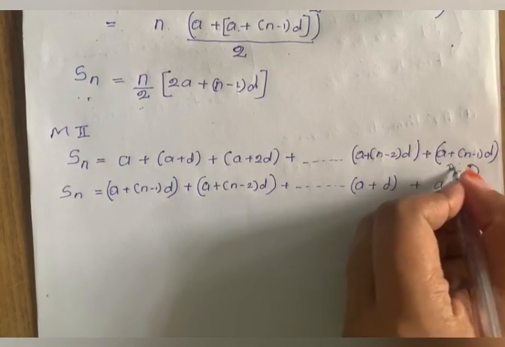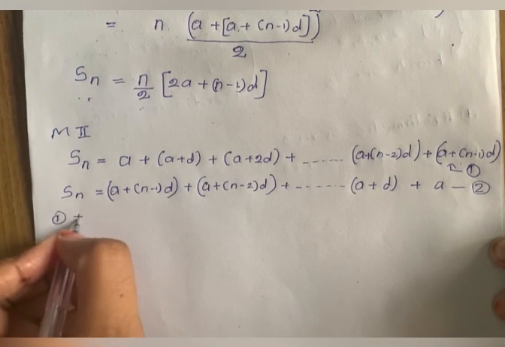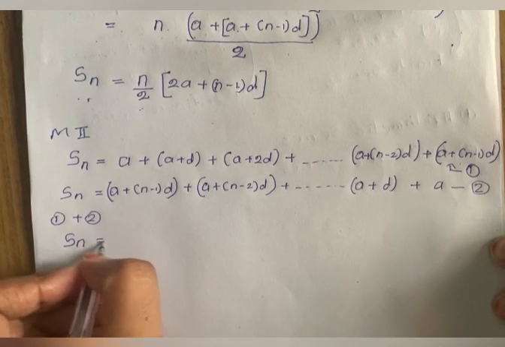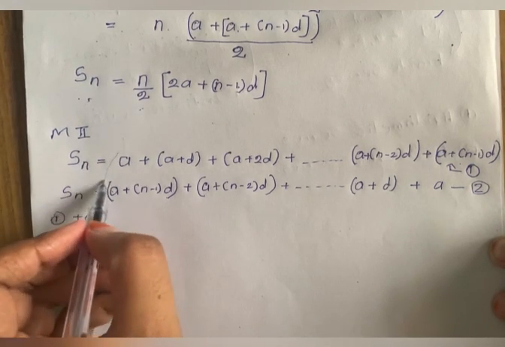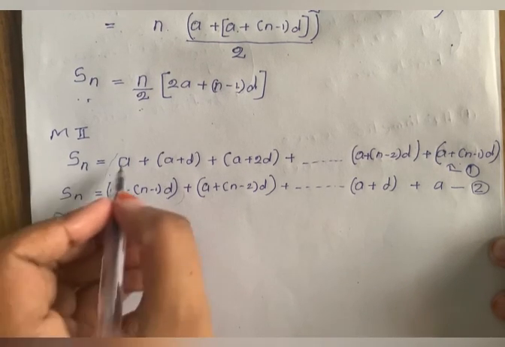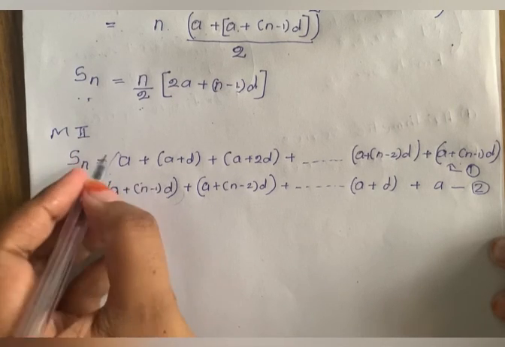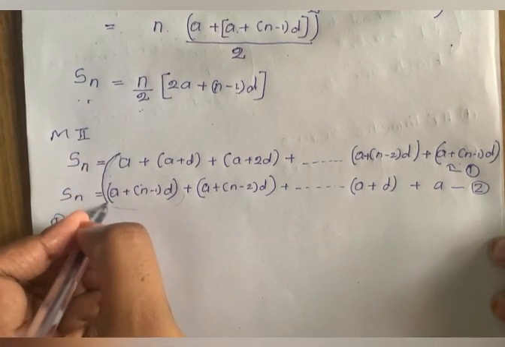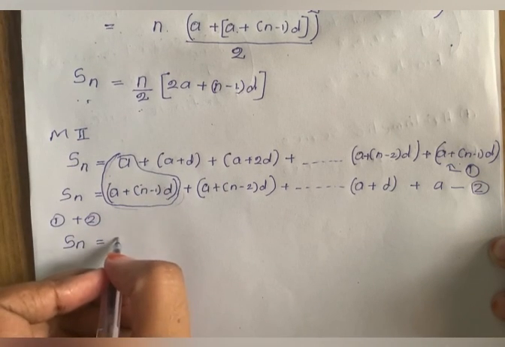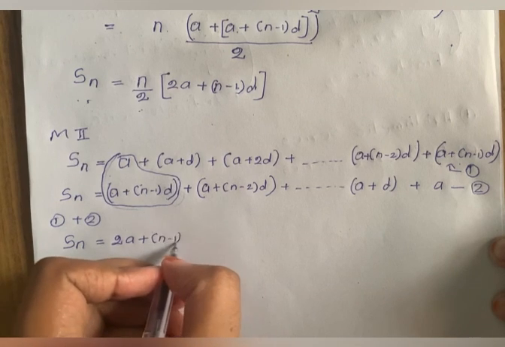Now I'm going to add these two equations, 1 plus 2. Note that we have to add the corresponding terms only. The first term in the first equation and the first term in the second equation give 2a plus n minus 1 d.